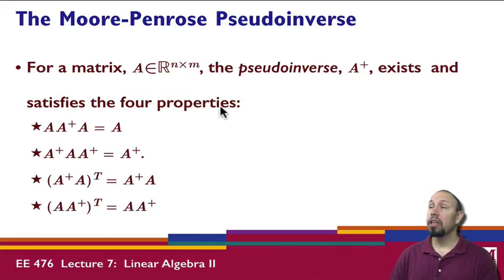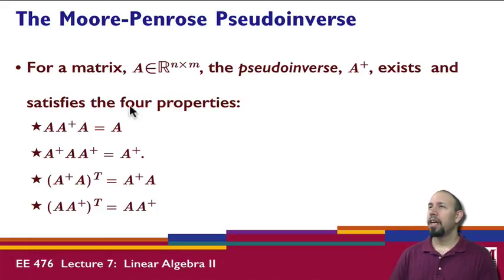Notice this could apply to a singular n by n matrix. Whereas the inverse only exists if the matrix is square and non-singular, the pseudo-inverse always exists.